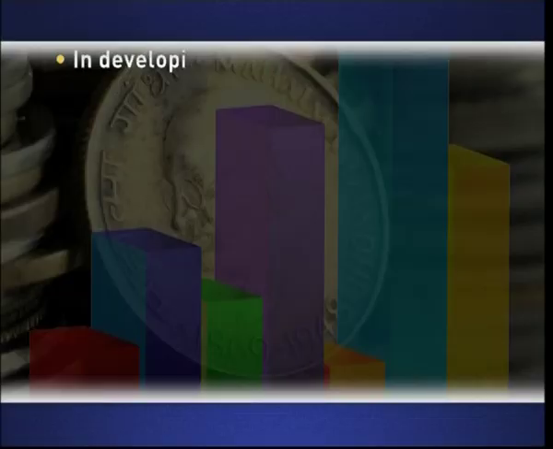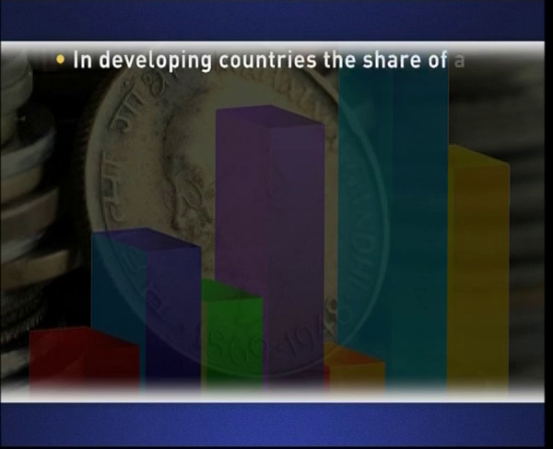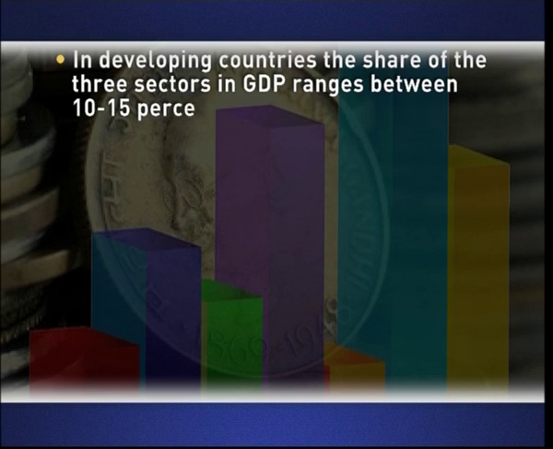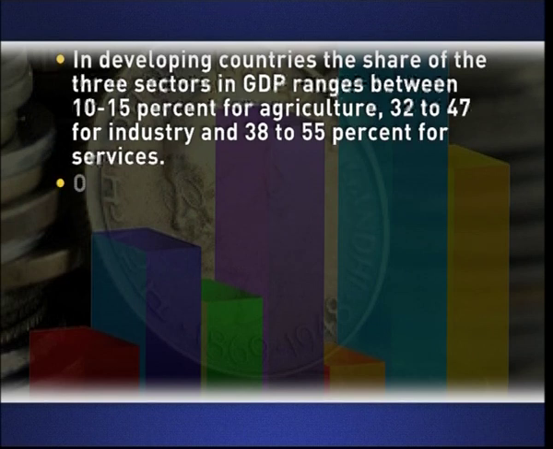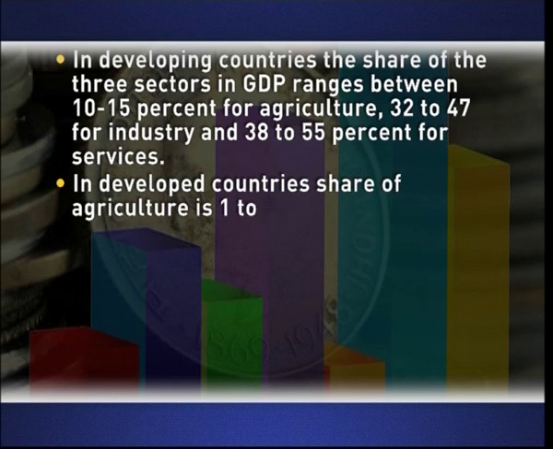As economies reach high levels of development, service sector has emerged as the largest contributor to the national income and employment. In developing countries, the share of the three sectors in the gross domestic product or GDP ranges between 10 to 15% for agriculture, 32 to 47% for industry and 38 to 55% for services.